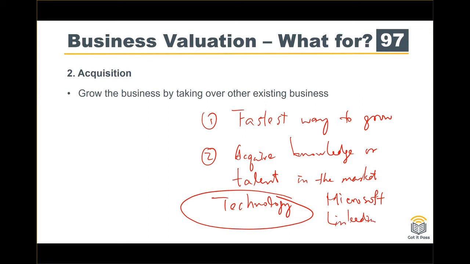It acquired LinkedIn because it is the fastest way to go into the social media market. If Microsoft wanted to build its own social media, it would have to spend a lot of time and resources to build in the market. So the fastest way is to acquire the other business.